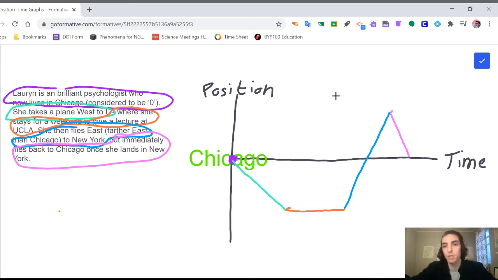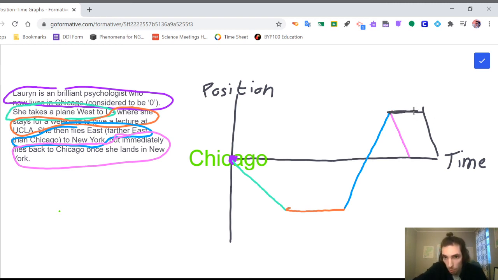If she's a semi-normal person, she probably would have to wait at the terminal for a little bit and then fly home to Chicago and come back to this 0 line. That's probably the more realistic story.